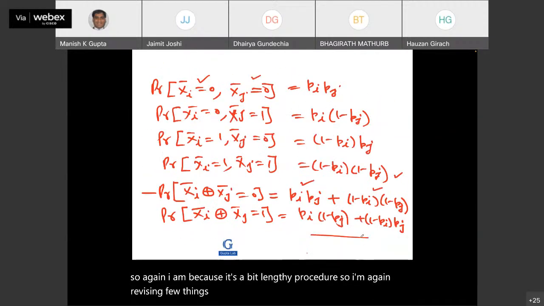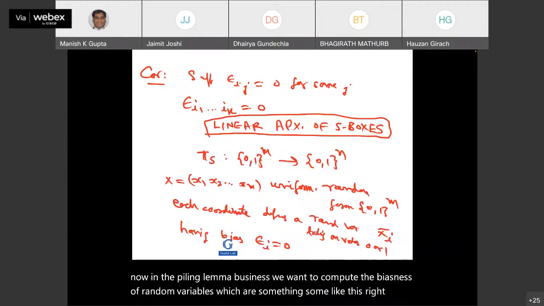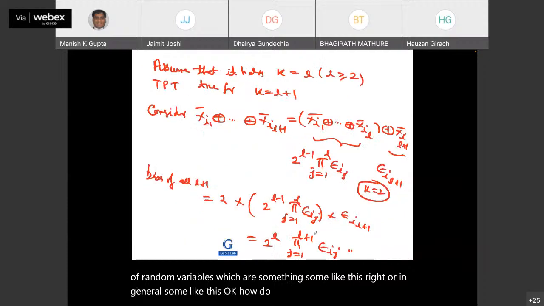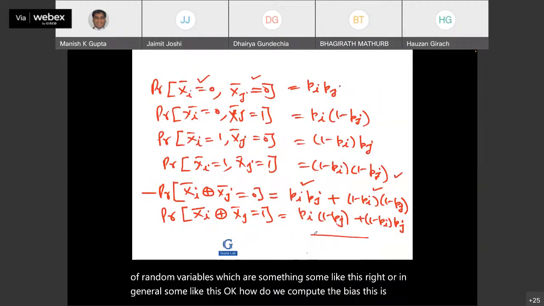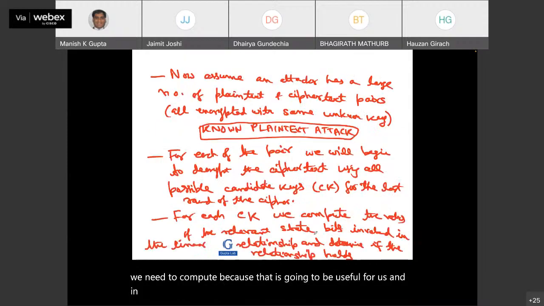What we have covered till now in the piling-up lemma business is that we want to compute the bias of random variables which are a sum like this, or in general a sum like this. How do we compute the bias? This is what we need to compute, because that is going to be useful for us, and in our general strategy this bias is going to help us.